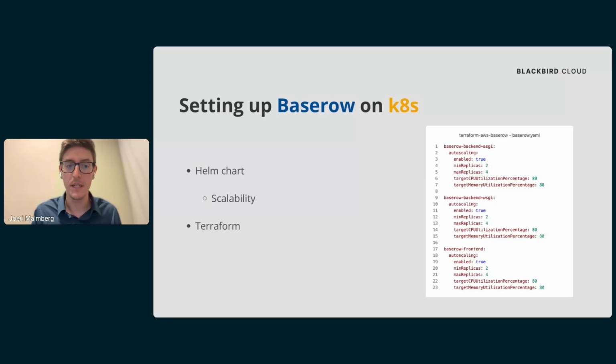Then setting up Baserow on Kubernetes. Baserow has a Helm chart. The Helm chart you can install on Kubernetes, of course. There's an example of doing that in the aforementioned GitHub repository. It will allow us to scale Baserow's components individually, like in the code snippet that I linked here.